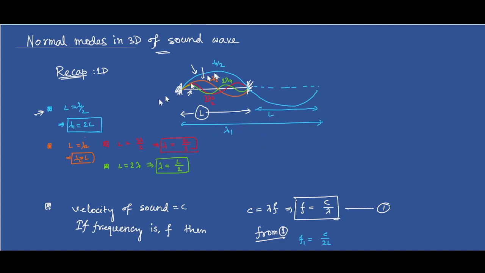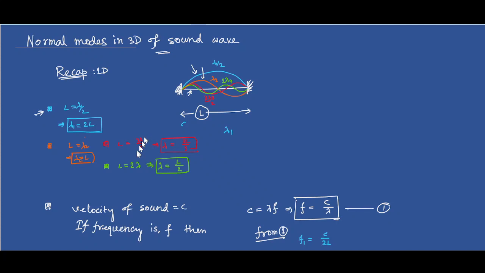So we get the equation lambda 1 equals 2L, and we did so on for the other modes. You can pause the video and check these relations.